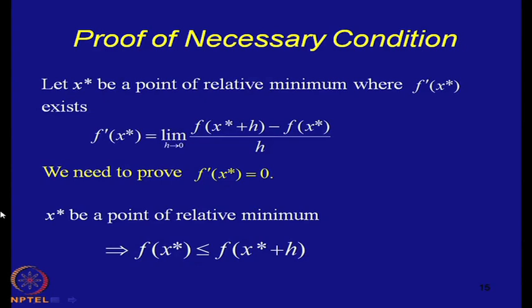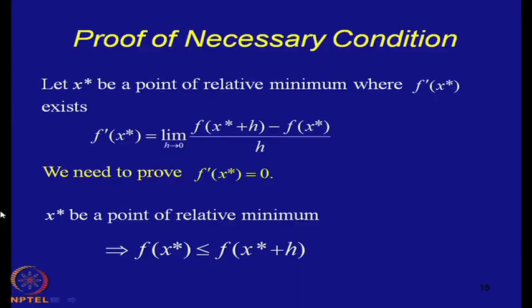According to the definition, f dot x star must be equal to limit h tends to 0, f of x star plus h minus f x star divided by h. And we need to prove that f dot x star is equal to 0, and we have assumed that x star is the point of relative minimum. Now, if it is relative minimum, then by definition, if I consider a small neighborhood of x star where h is very small, that means h could be negative, h could be positive.